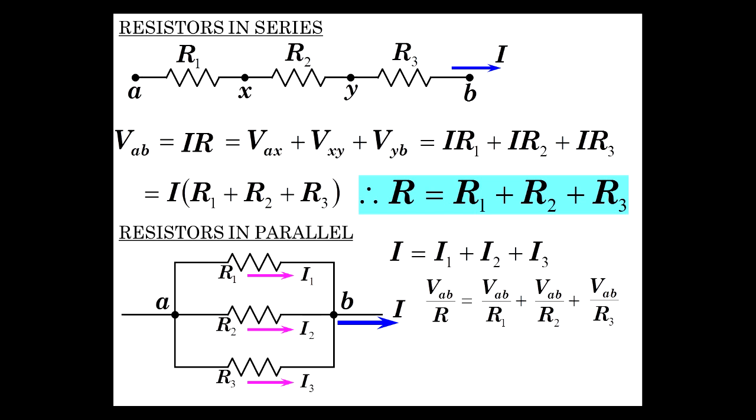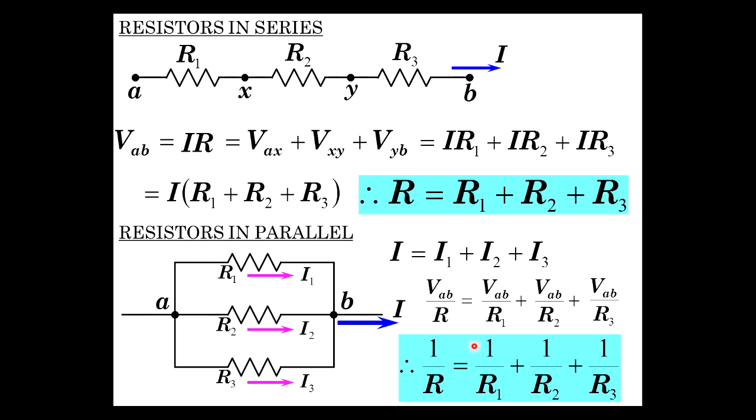So you can see that this current is essentially enhanced as a result of having multiple paths through which to flow. So inverse R is the sum of the inverses, and that's a wonderful opportunity to use the 1 over x button on your calculator when calculating multiple resistors in parallel.